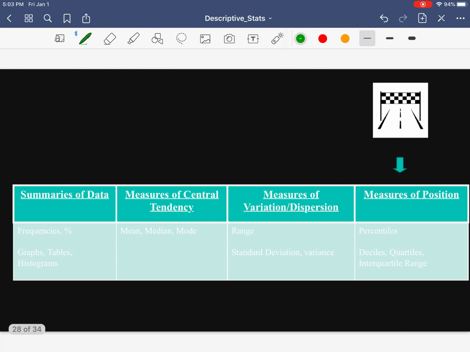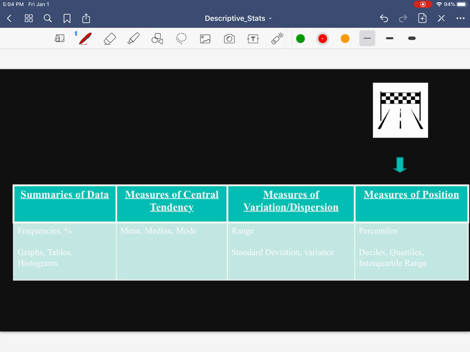Okay. So we've talked about summaries of data, we've talked about measures of central tendency, and we've even talked about standard deviation, which now, you got it, folks. Standard deviation is average variability of scores about a mean. The mean just tells us the average, but the standard deviation tells us how much the other scores vary from that average.